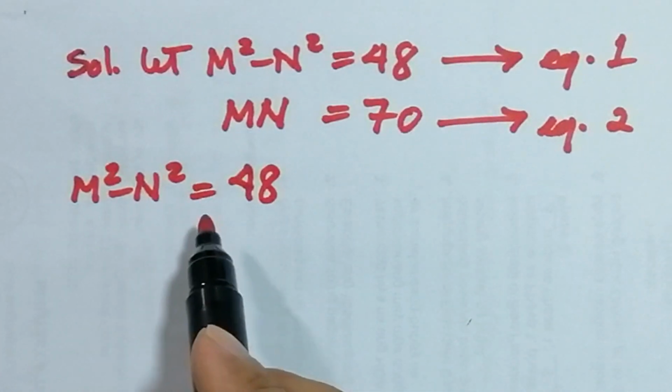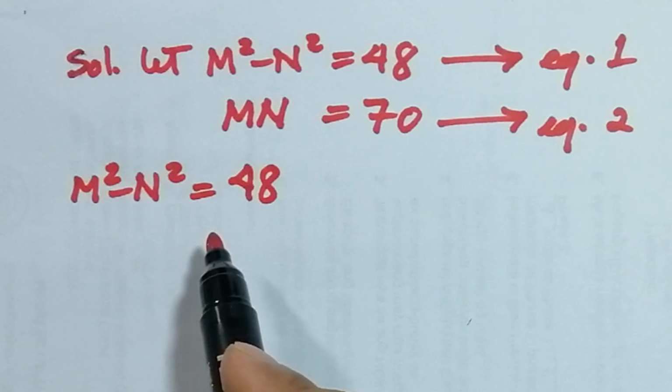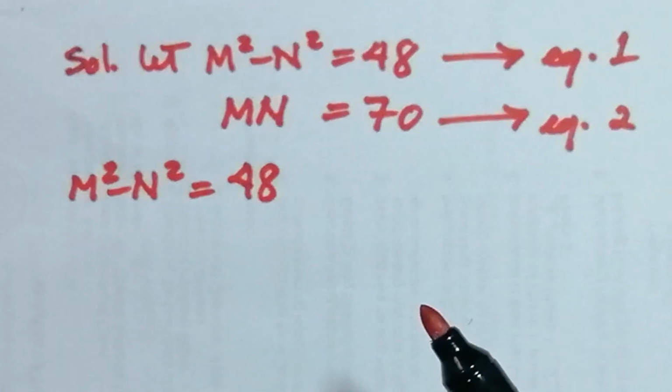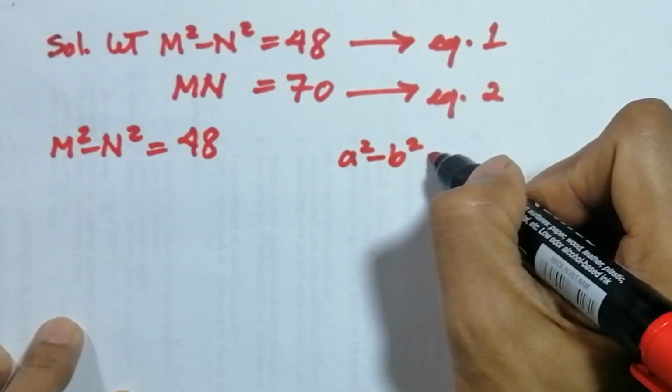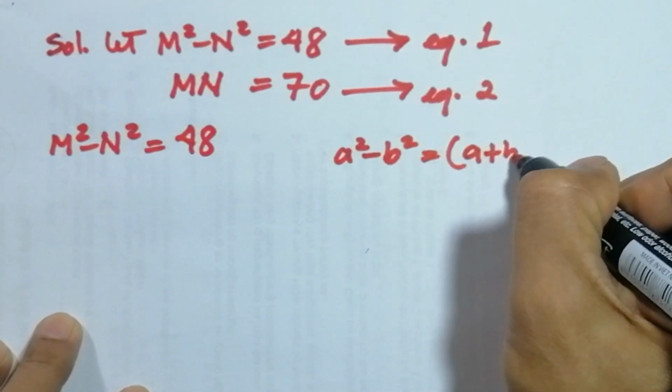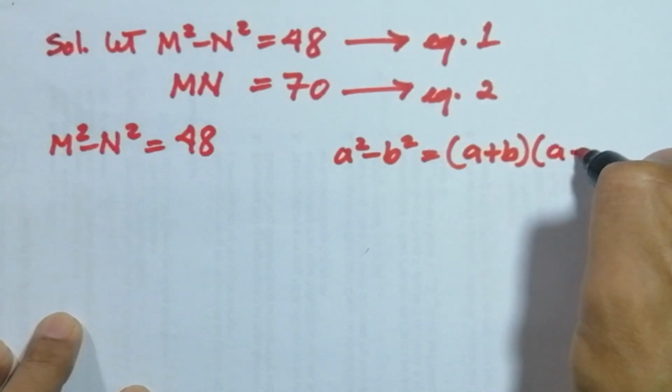So having this form, we apply the rule of difference of two squares, which is a squared minus b squared is equal to a plus b times a minus b.